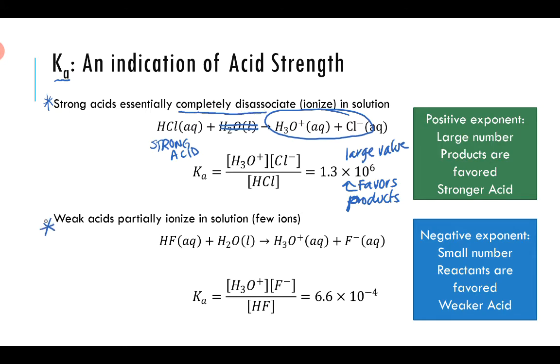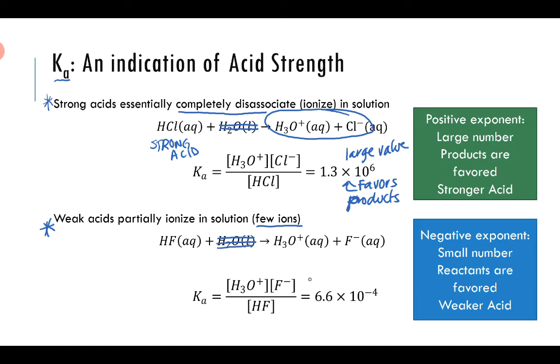That's in contrast to our weak acids. Weak acids only partially ionize in solution, and that means there are very few ions. Here's HF. HF is a weak acid, and much like before, it will form H3O plus and F minus.